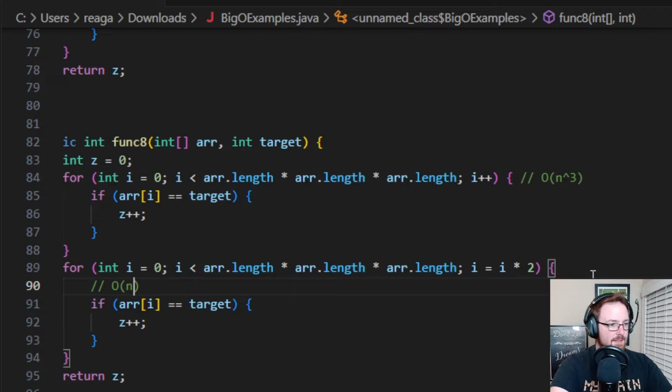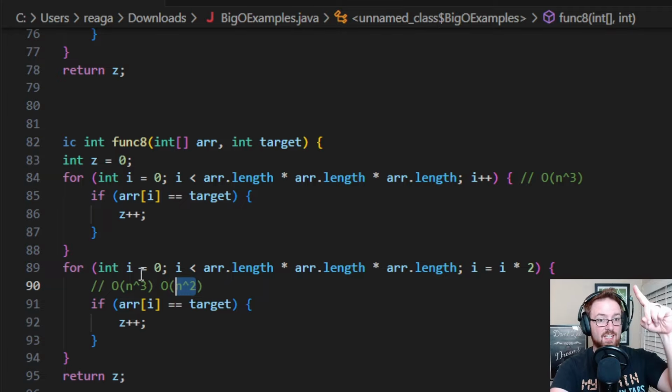Then we've got n cubed again, but this time we're not going one by one. We are doubling each time. So it's O of n cubed, and we're progressing at that size. And when we go forward exponentially by doubling, remember, the big O increases like a log.